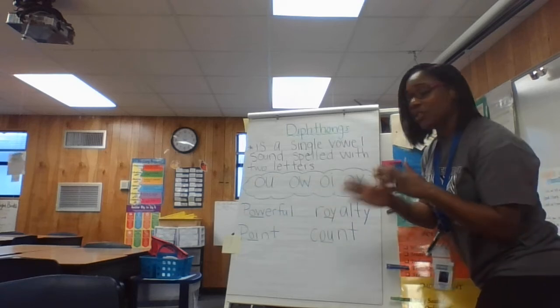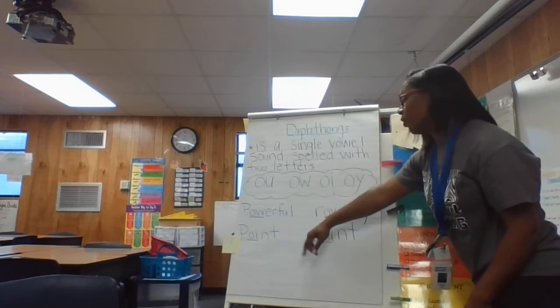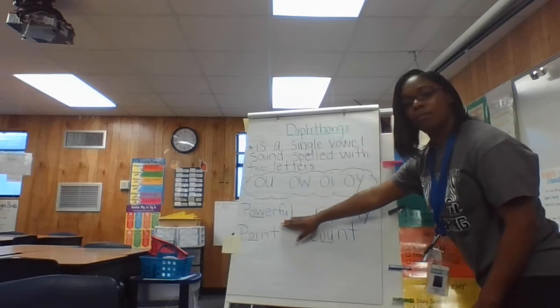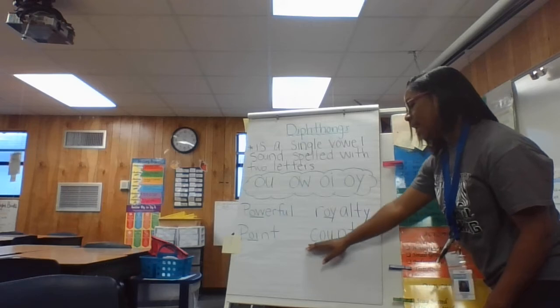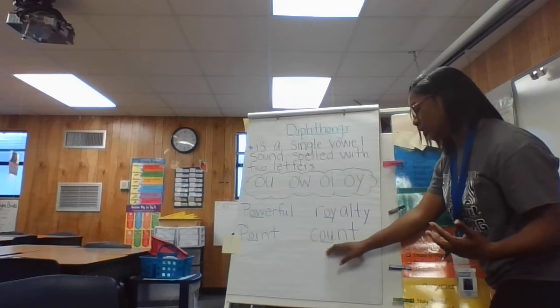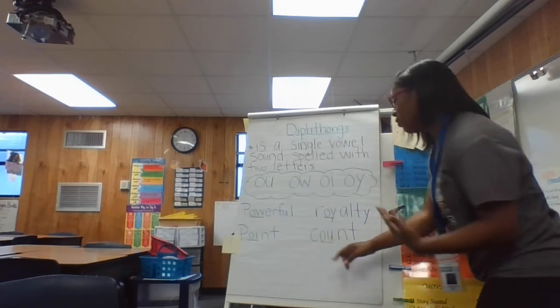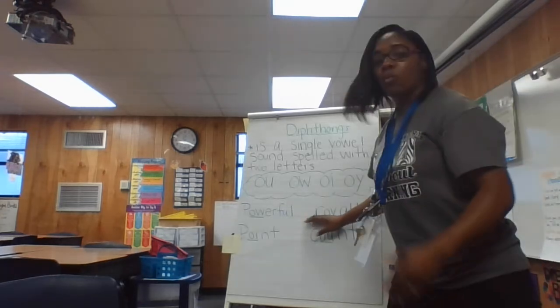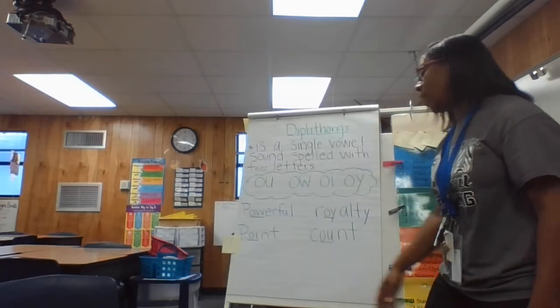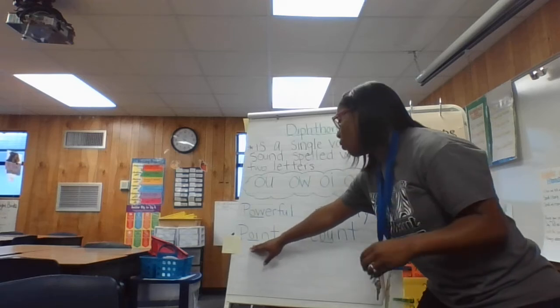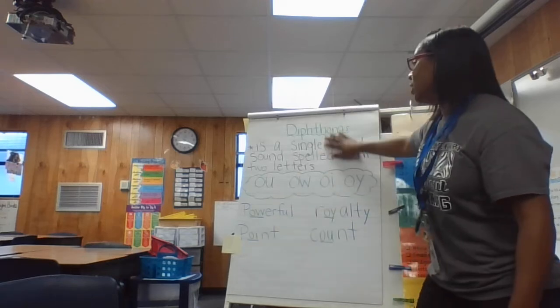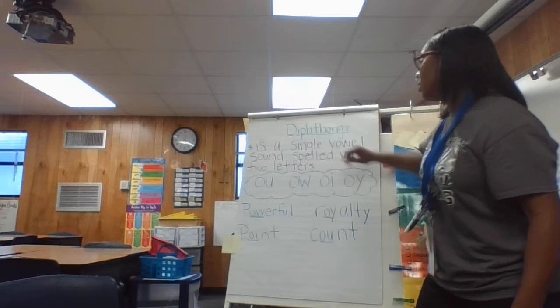So you have to just know and remember how to spell the word, like powerful. That's the OW. The word count, that ow sound, count. That's spelled with the OU. You have royalty, the OY. You have the word point. That's the OI. Okay, so these are the diphthongs.